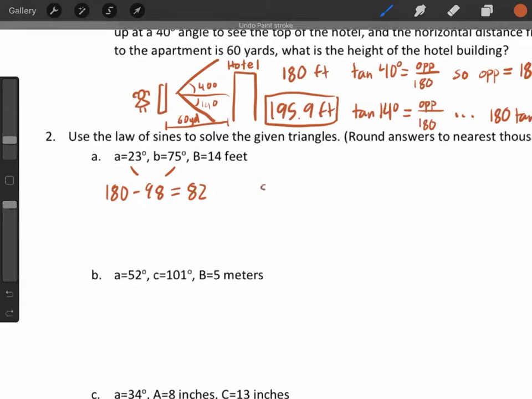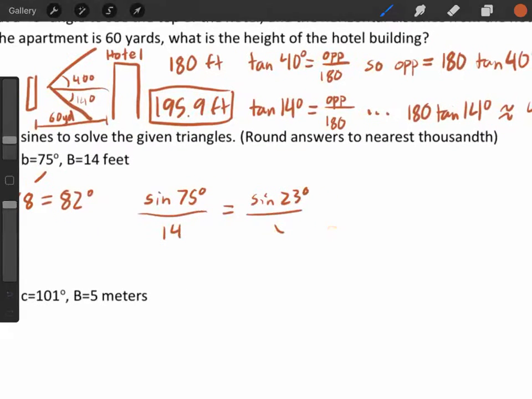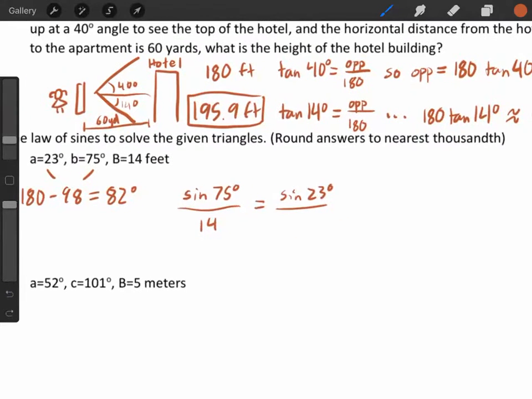So we have sine 75 degrees over 14, because we're given this b, these two b's correspond, is equal to sine 23 degrees over x, or let's say a, because that makes everything more consistent.